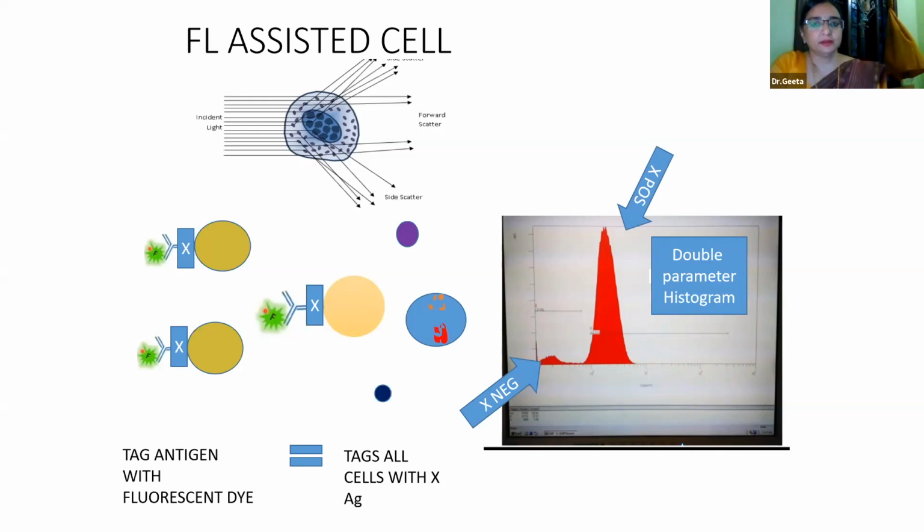As we have seen, we can tag the antigen with the antibody, which is in turn attached to the fluorochrome, and we can change the number of antigens and the fluorochromes, and the type of antigen also can be changed with the help of a different set of antibody and fluorescent dye or fluorochrome.